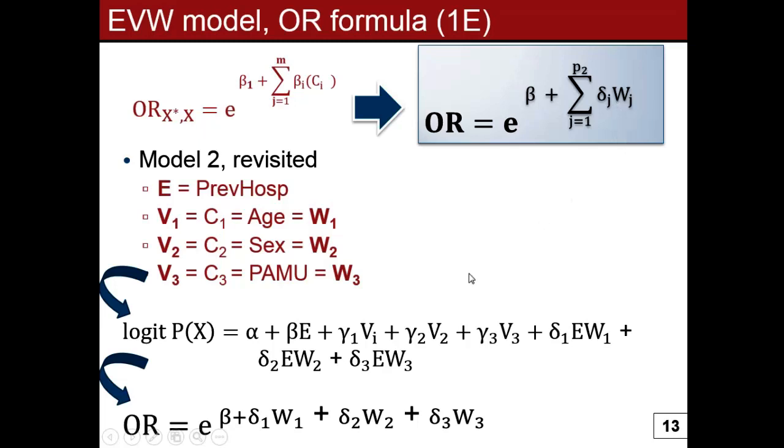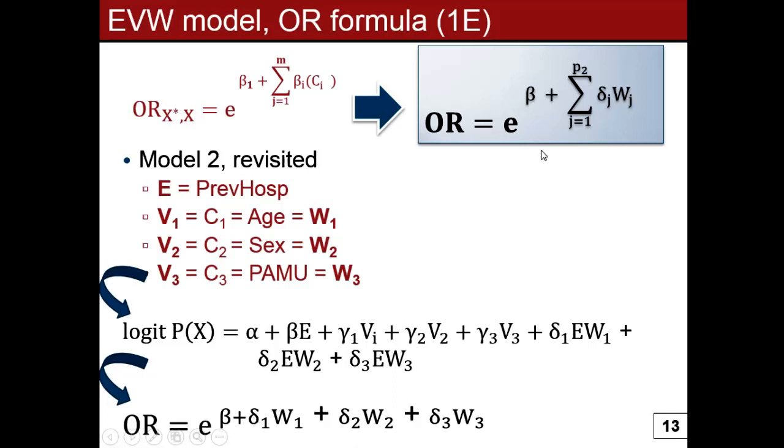So when you have effect modification at certain levels of those effect modifiers, age is this, sex is that, and so forth, you plug those values in here, you take the regression coefficients, and wow, you've got yourself an odds ratio for these levels of the W effect modifiers.